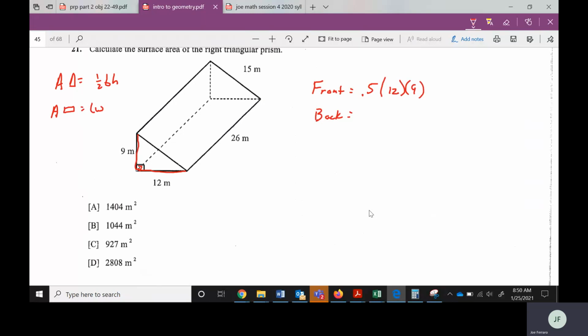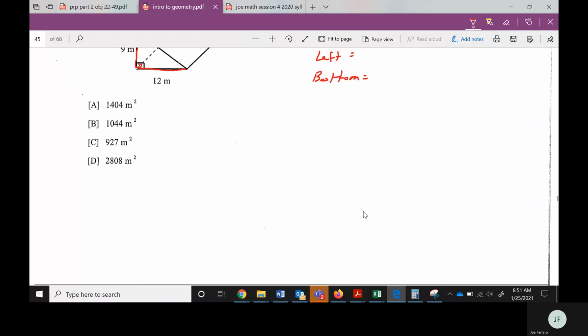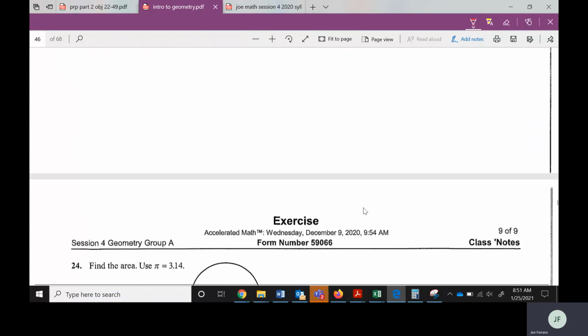Then you're going to have, I guess you still could call this right side, left side, just to make it the same as the other one. And then the bottom. So you've got to find all these pieces. The back will be the same as this one. Then these three will be rectangles. Okay. So again, give that one a try. Check your answer in the back. And then if you're not getting it, let me know and ask a question.